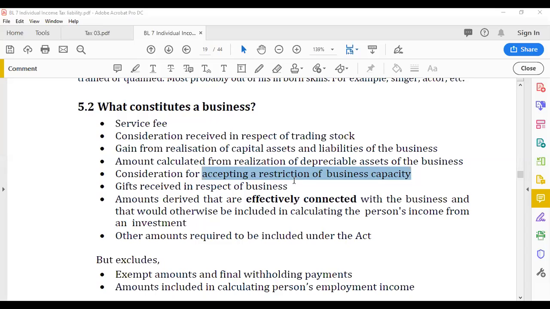You are running restaurant business in Colombo area. You are very famous, and you are planning to move. You are going to open a branch in Kandy, right?